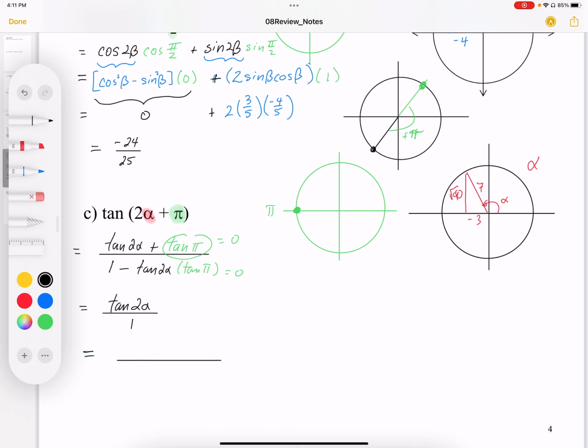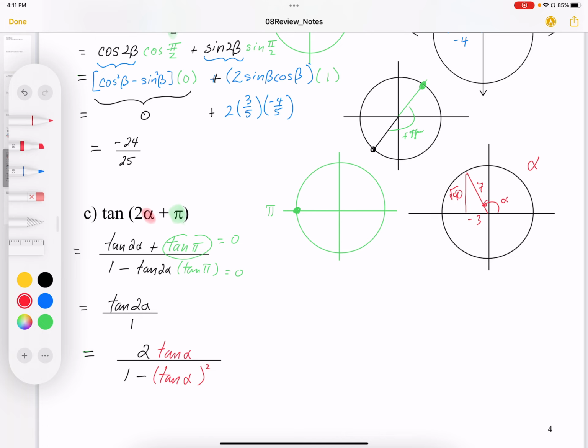So I end up with 2 tan alpha over 1 minus tan alpha squared.